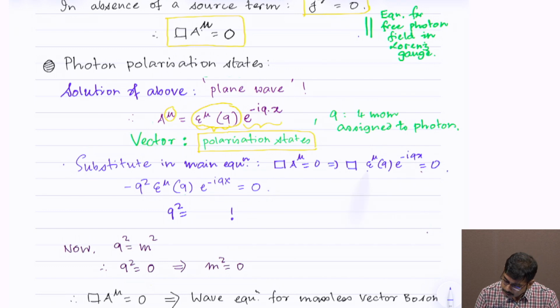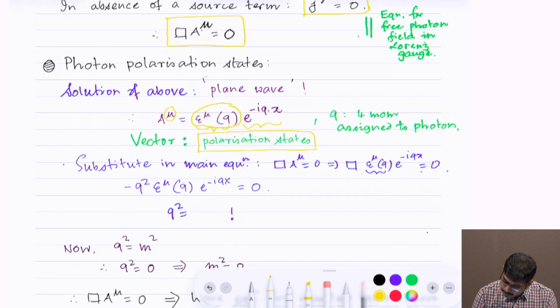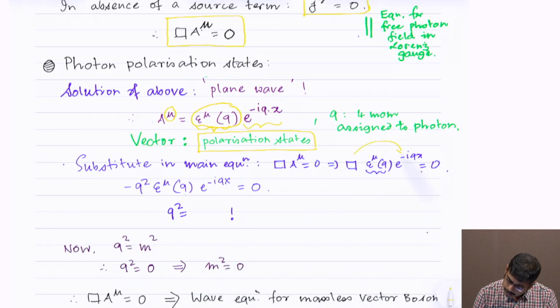Now, this box operator, because epsilon mu has a dependence on the q vector, will basically operate on this phase part, and it is going to bring minus q square here: minus q square epsilon mu q into e to the power minus i q x equal to 0.